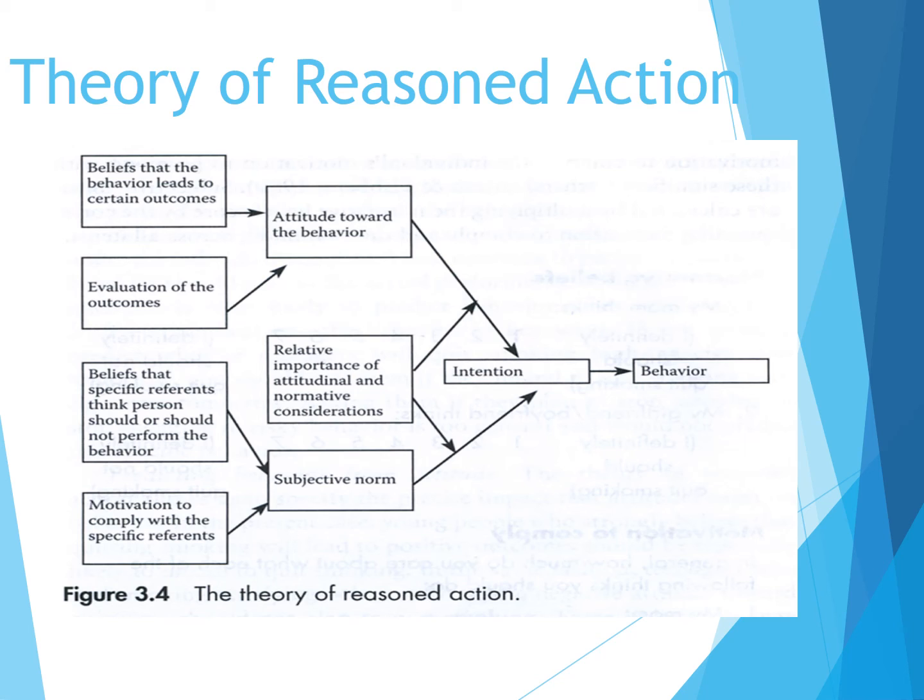So for example, if we were going to use this model to try to apply it to a campaign, we would really want to do some research to find out our target population's beliefs about outcomes associated with certain behaviors. You also want to find out which type of references this person is more connected to.